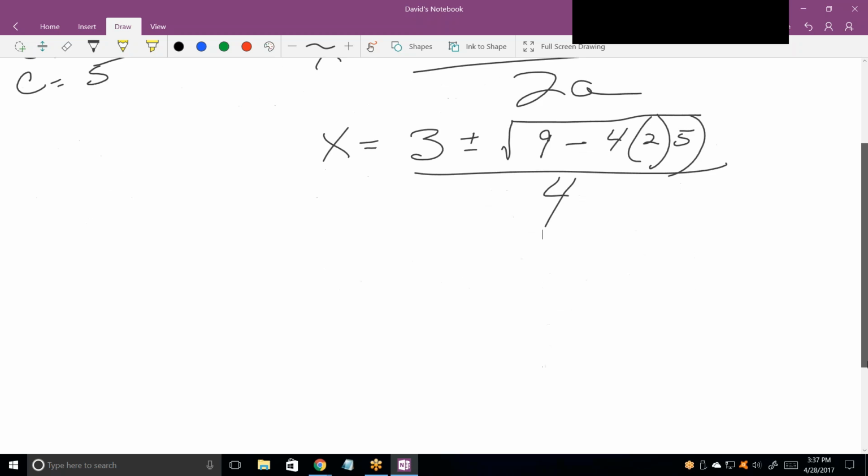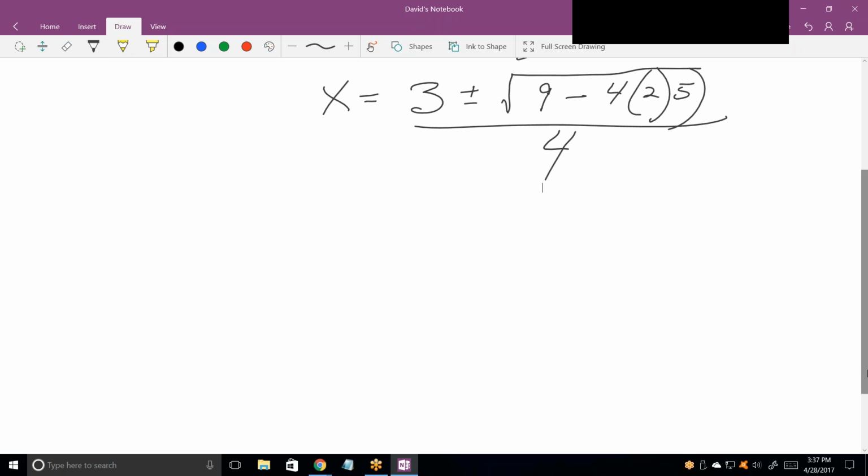Now, the first thing you always want to simplify is what's under the square root. Okay, so that's 3 plus or minus the square root of 9 minus 40, which is negative 31.